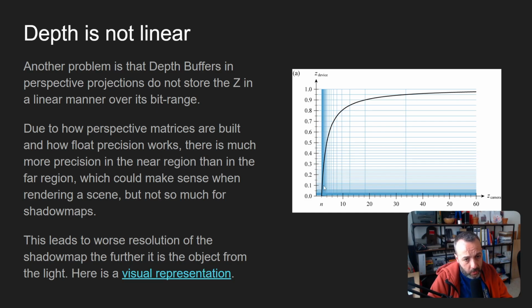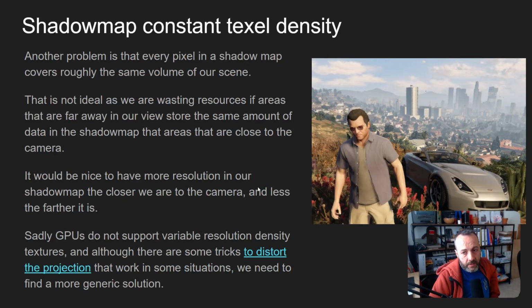There are a lot of people who have tricks to linearize the depth buffer, so you don't have this different precision, because there's a lot of precision stored in the first meters, the first units, and very little precision in the farther ones. When you have a big scene like this one, the amount of information stored in the shadow map for farther away pixels is very little in comparison to the amount stored for the closer ones.